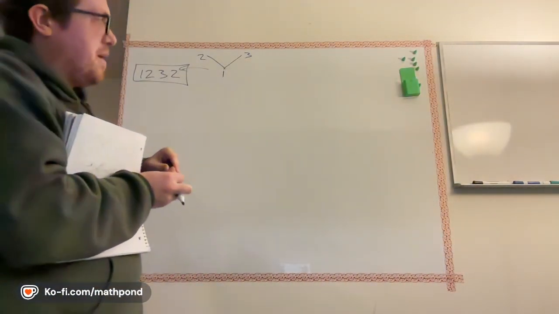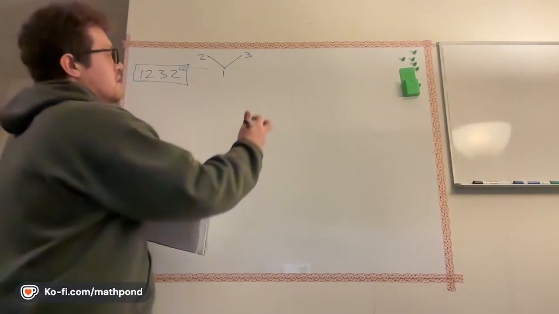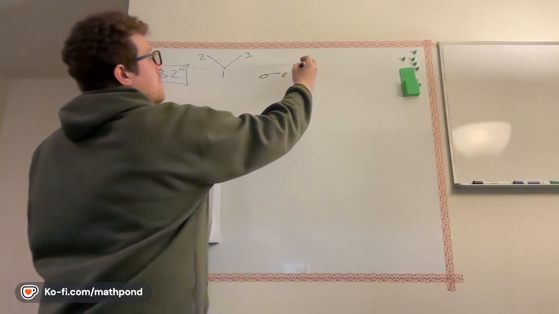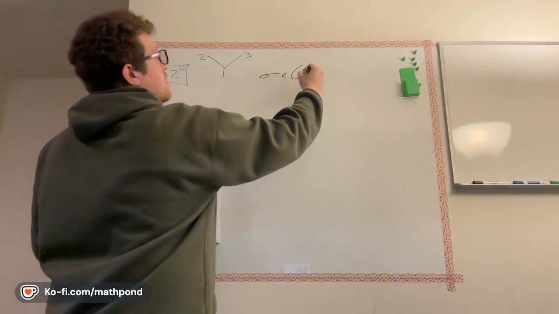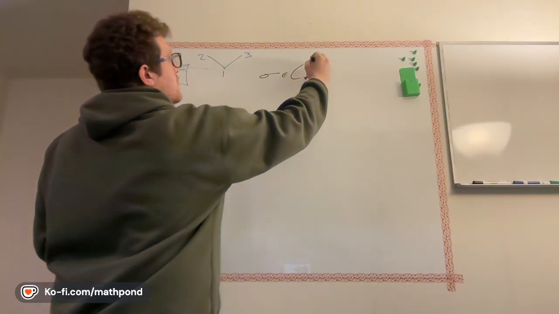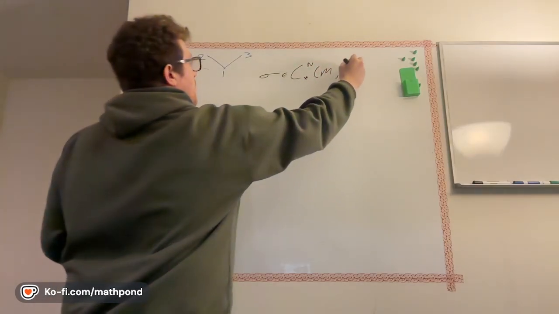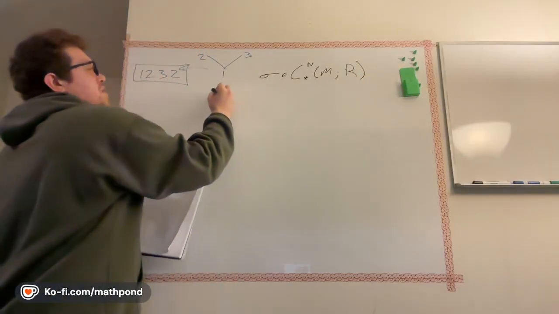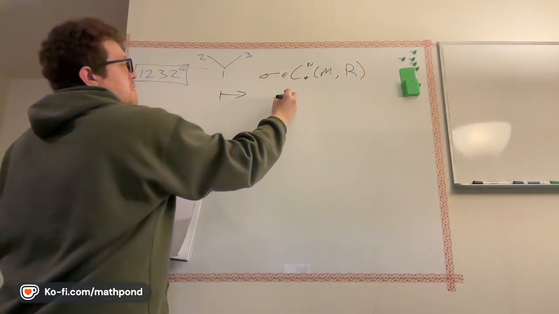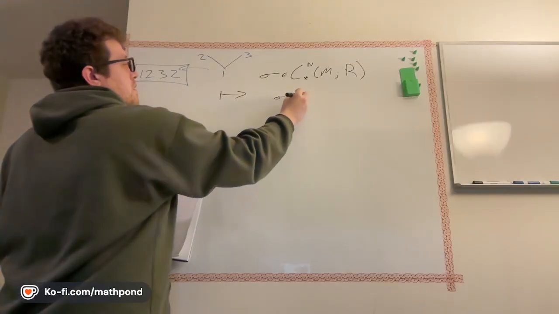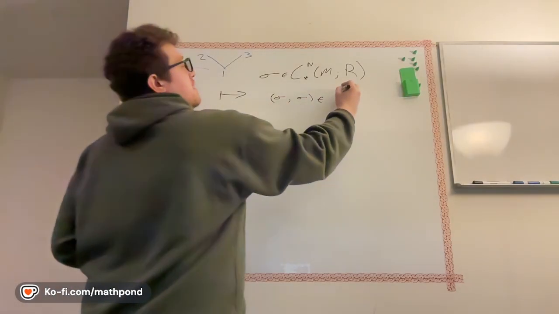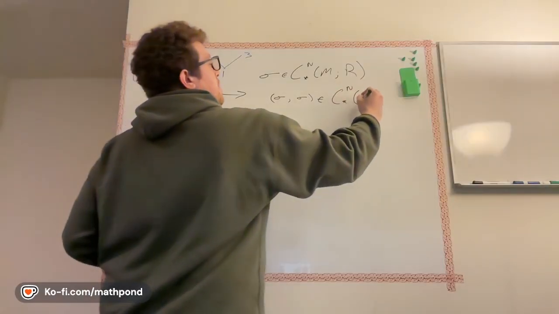So the first map sends sigma in C star n m r. This just gets sent to sigma comma sigma, which is now a simplex in C star n m times m.